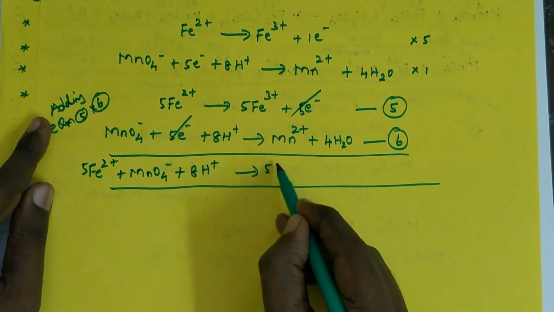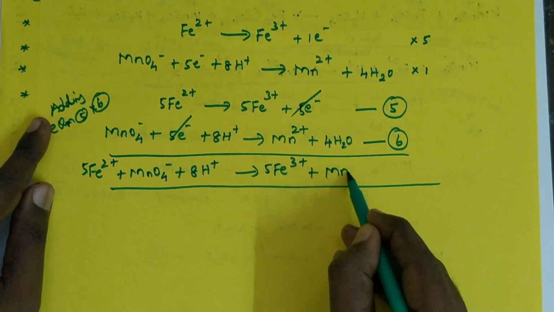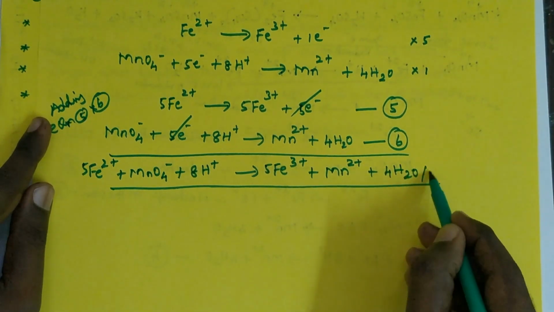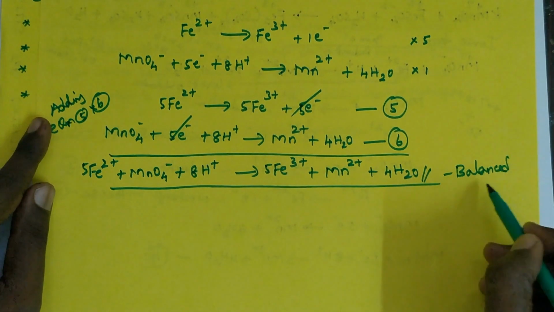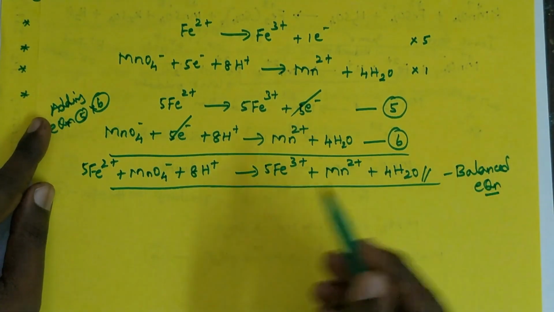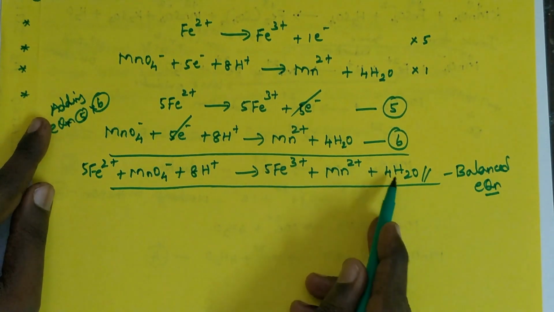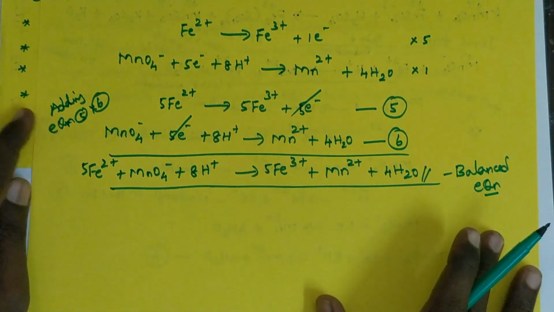Right hand side has 5Fe3+, Mn2+, 4H2O. So this is the balanced equation. If you want, you can check the number of atoms. 5 Fe, 4 oxygen, 4 times 2 is 8 hydrogen, 8 hydrogen, so the equation is balanced.